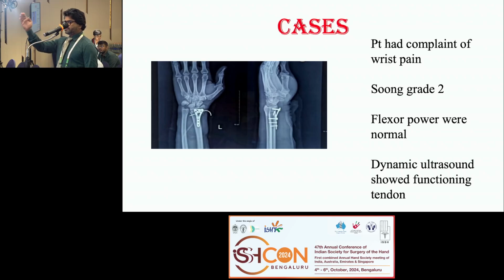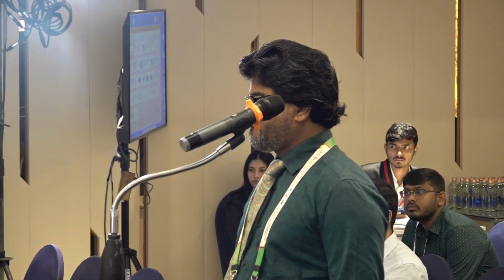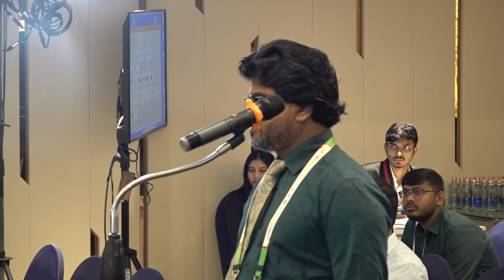So that yes, it can be treated by another method. What sir wants to say is that there are different methods of fixation of distal radius fractures. If you are looking at the tendon rupture, you can go for K-wires. K-wires are also a different method. External fixator is also a different method.